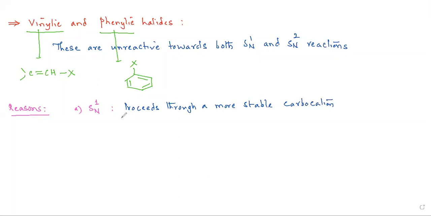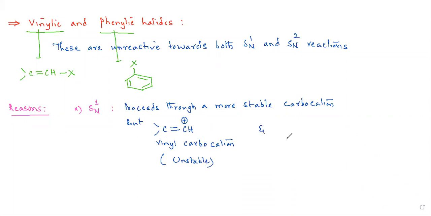Okay. But we know that the vinyl carbocation, I mean, once it loses the halide ion, we get a vinyl carbocation, which is unstable, least stable.